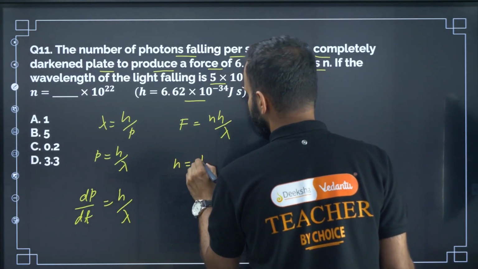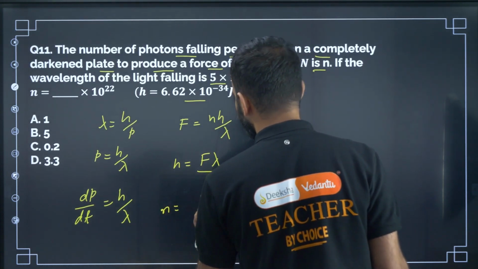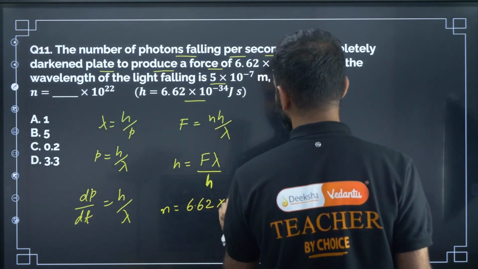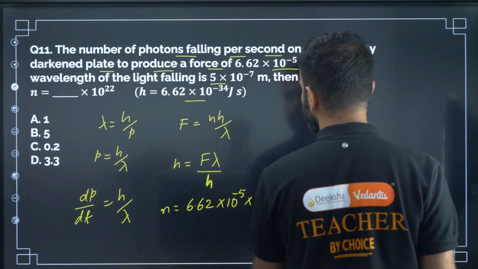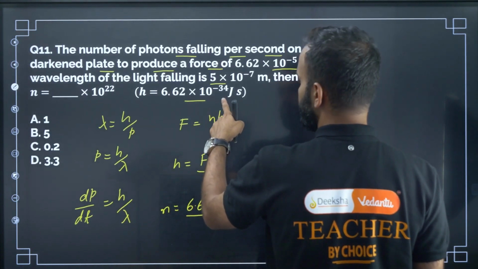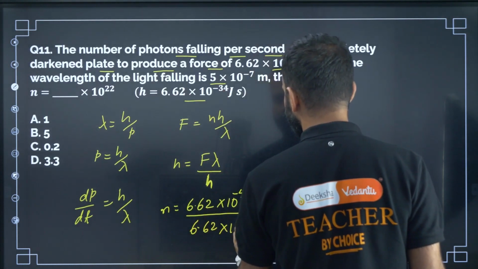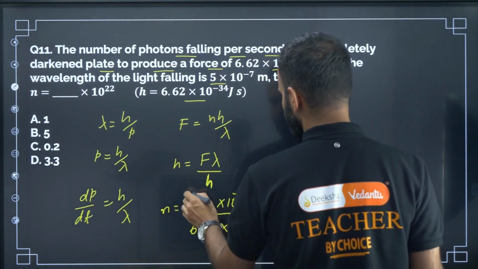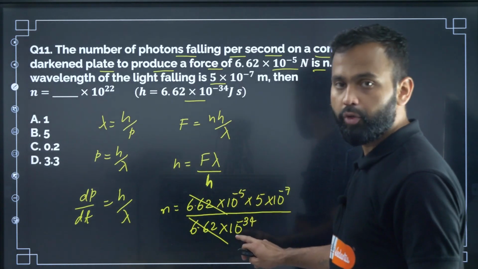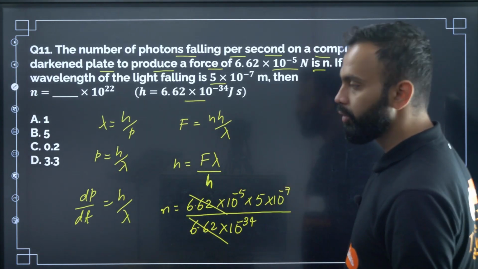Now n equal to F lambda by h. n equal to 6.62 into 10 to the power minus 5, times 5 into 10 to the power minus 7, whole divided by 6.62 into 10 to the power minus 34. 6.62 will get cancelled. 10 to the power minus 5 by 10 to the power minus 34 is 10 to the power 29, not minus 29. 10 to the power 29 into 10 to the power minus 7 is 10 to the power 22.